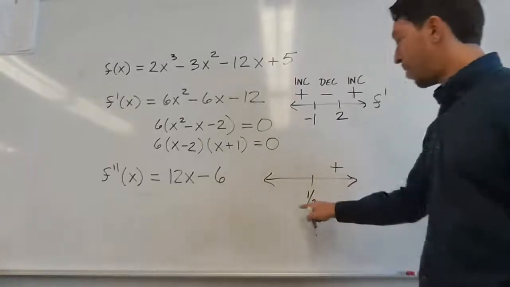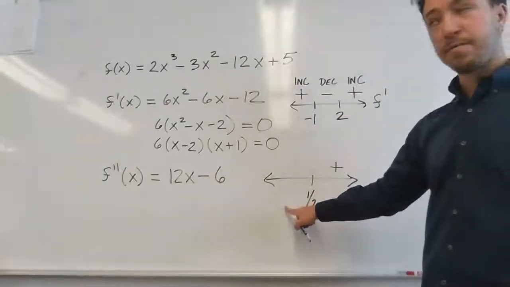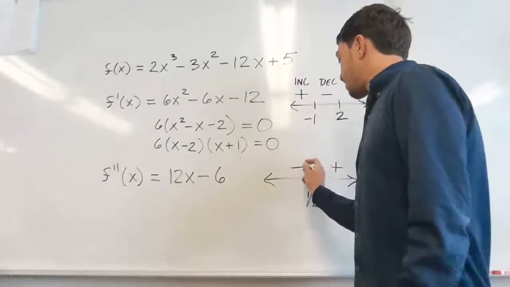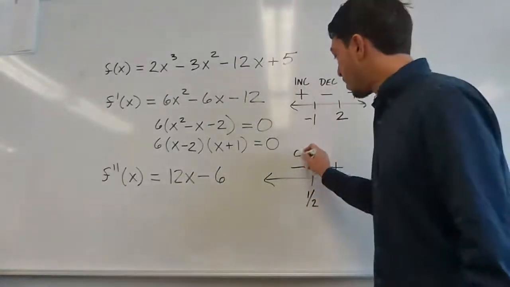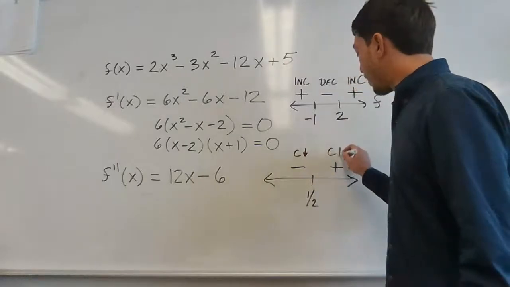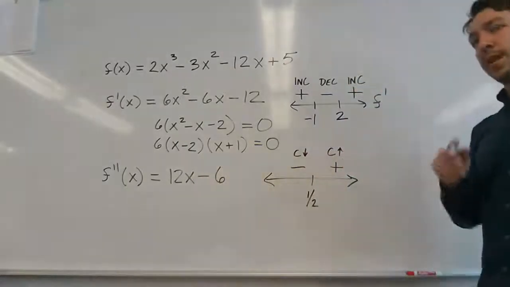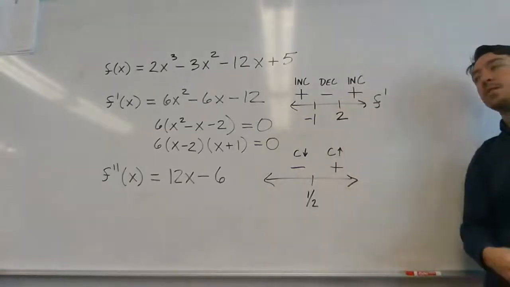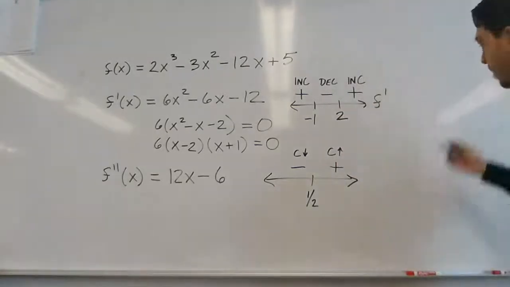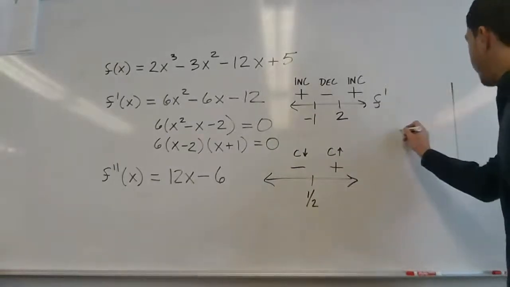But if I plug in a number smaller than 1/2, say 0, I get a negative value. So what does this tell me? This tells me that my function is concave down and then concave up, which, hopefully, agrees with my mental image of a cubic function. So that's good. Time to graph it.